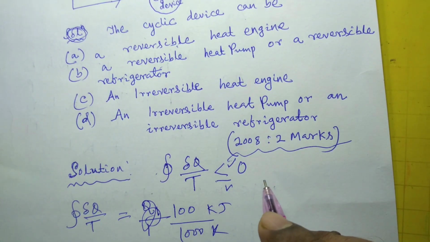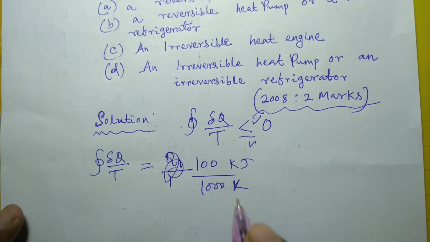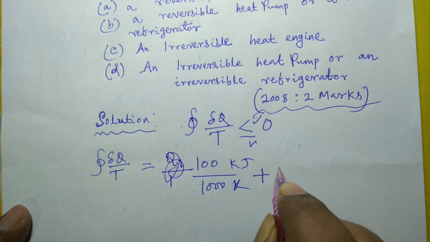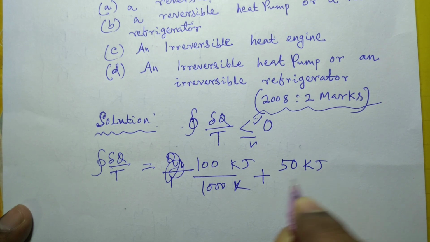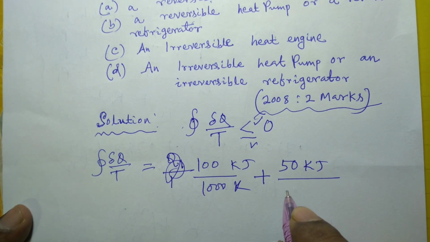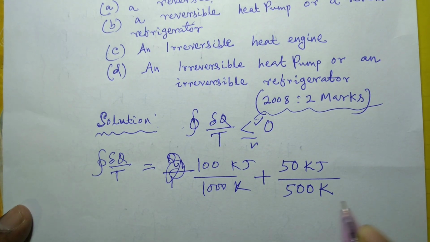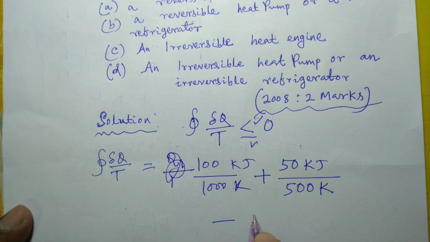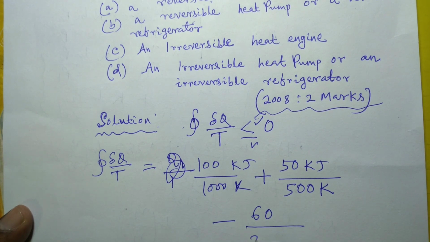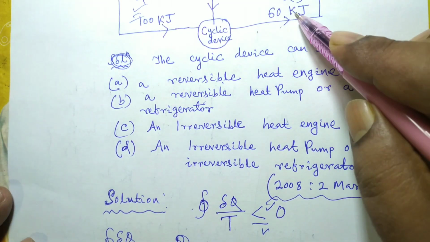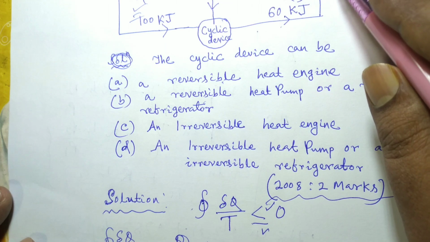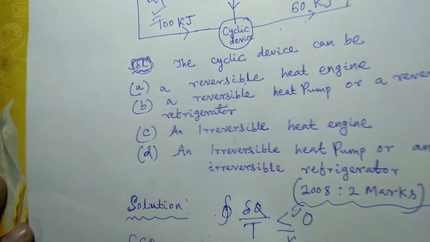Plus another heat that comes, 50 kilojoule, divided by the temperature from which this heat comes, 500 Kelvin, and minus 60 kilojoule divided by 300 Kelvin, because this heat flows away from the cyclic device to a low temperature reservoir at 300 Kelvin, so a minus sign is put before this.